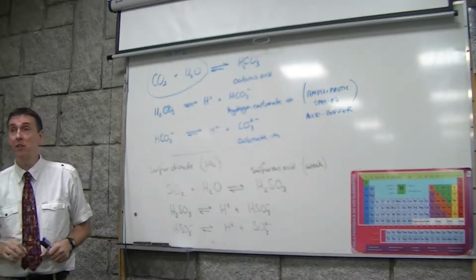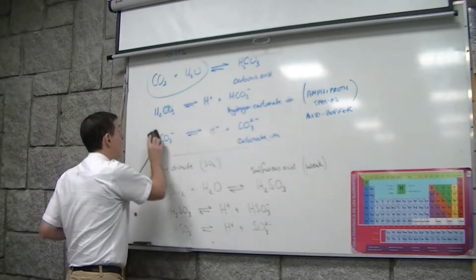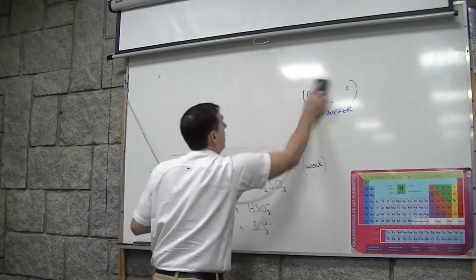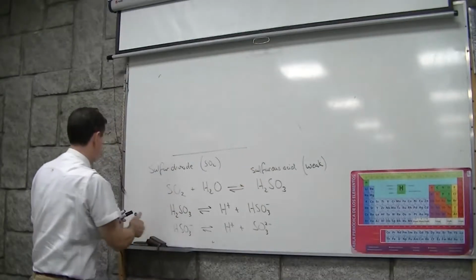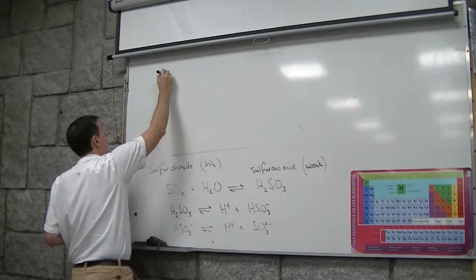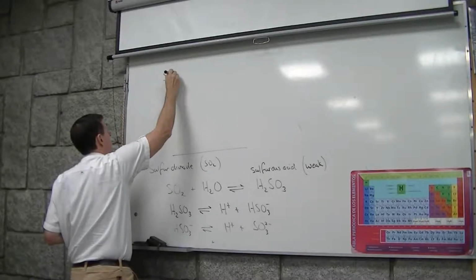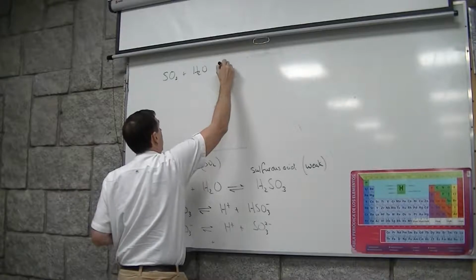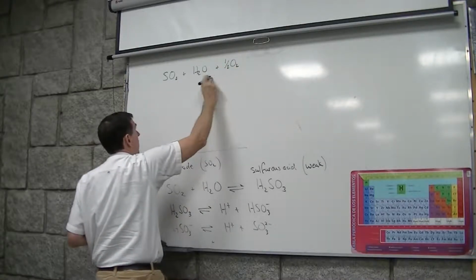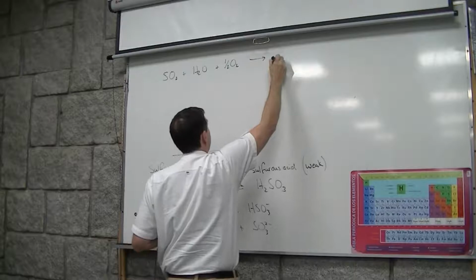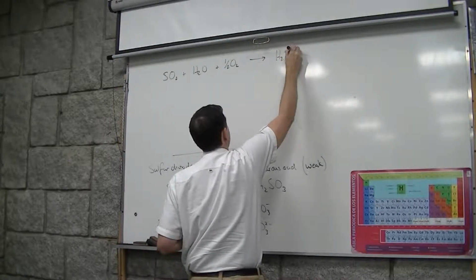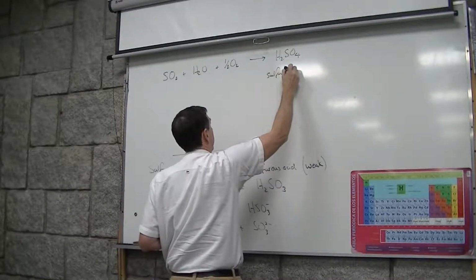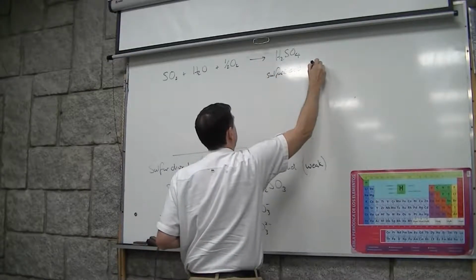However, there is an issue with sulfurous acid because we live in an oxygenated atmosphere. And in the presence of oxygen, SO2 and water and half O2, so oxygen gets involved, we can make H2SO4, which is sulfuric acid. And this is a strong acid.